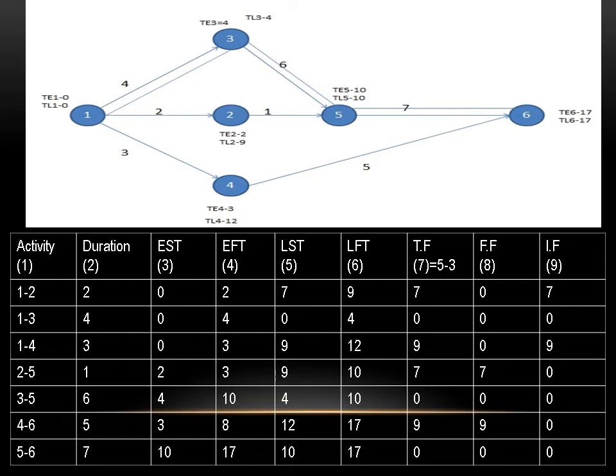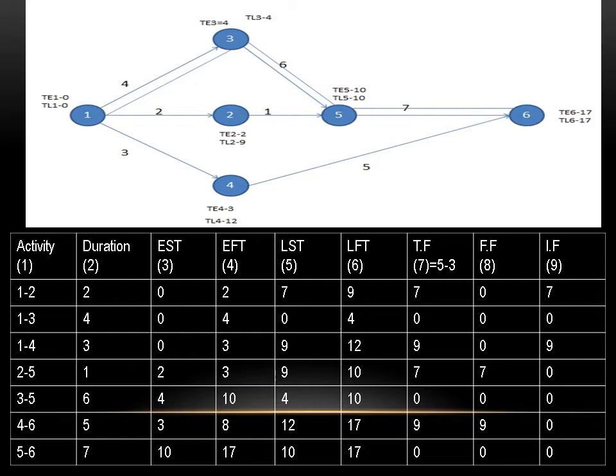And so on. 5 to 6, 6 is ending at 17. And LST is just LFT minus duration. You write this formula: LST is equal to LFT minus duration.